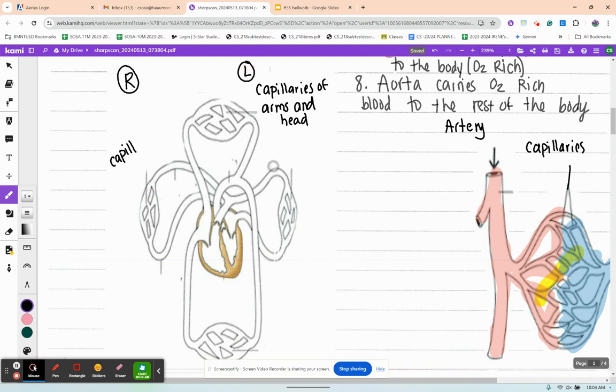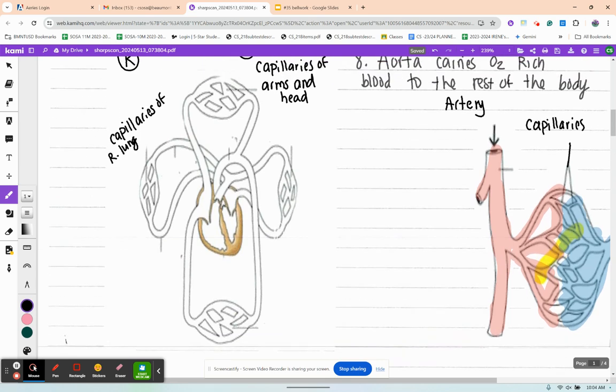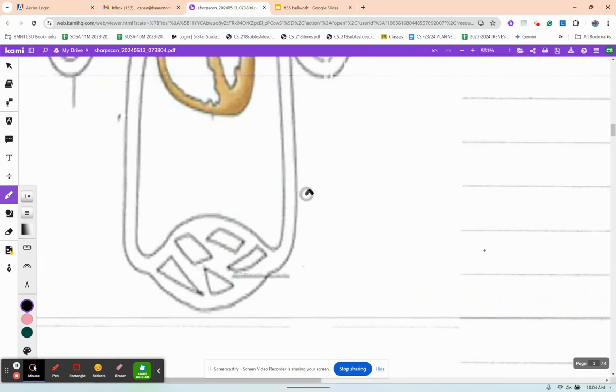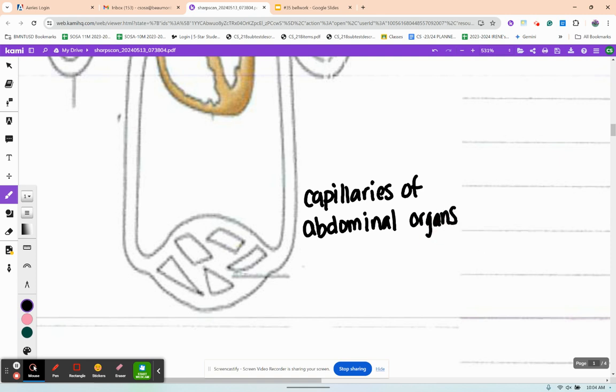So the right side is the capillaries of the right lung. And at the very bottom, think of our lower body: the capillaries of abdominal organs and legs.